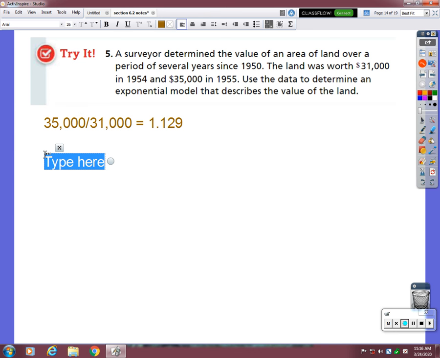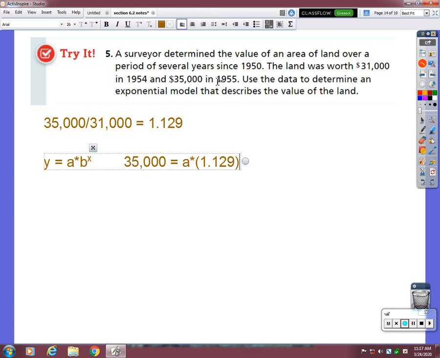So now I need to take that and figure out what a is. I'm going to take y equals a times b to the x, and plug some stuff in. For y, let's do the second point, so 35,000 equals a times b, which we just figured out is 1.129, raised to the x power.